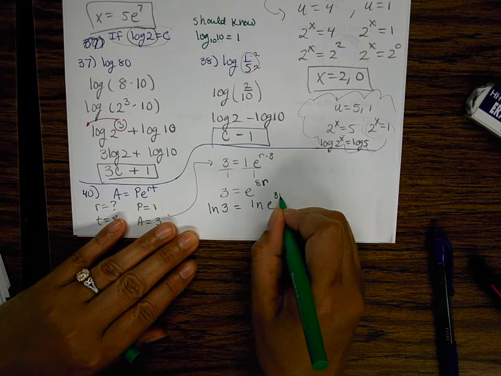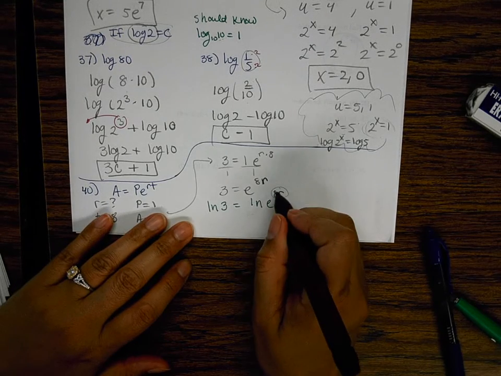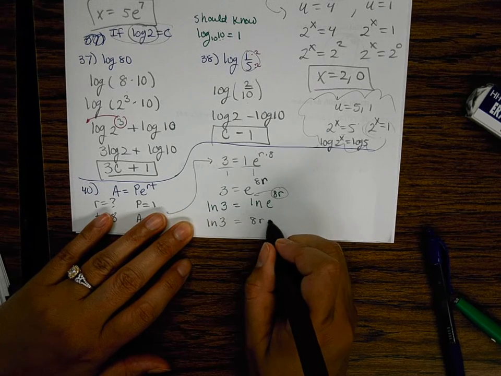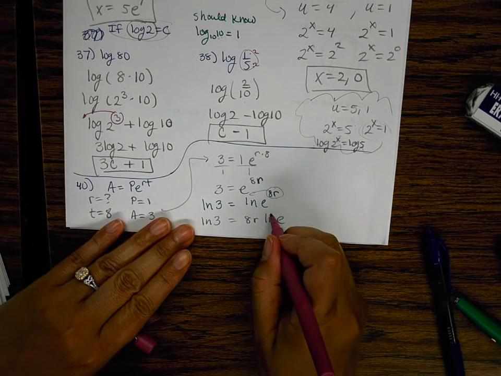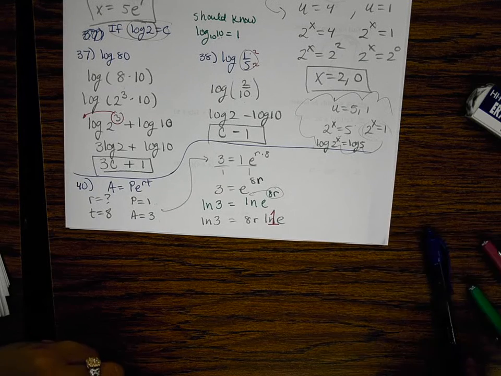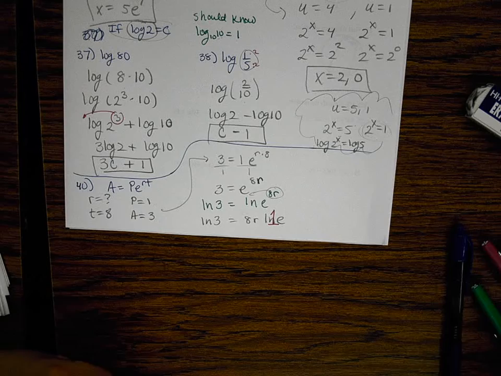All right, now the whole reason I do this is to bring this to the front. ln of 3 equals 8r times ln of e. And remember, we've done this a few times, ln of e is just a big fat 1 in disguise. Why? Because log base e of e is 1. Okay.